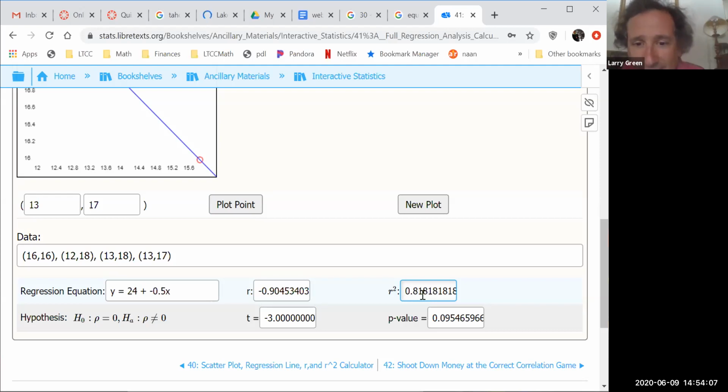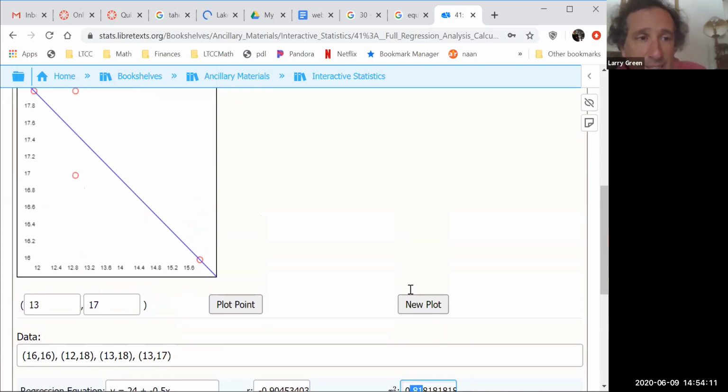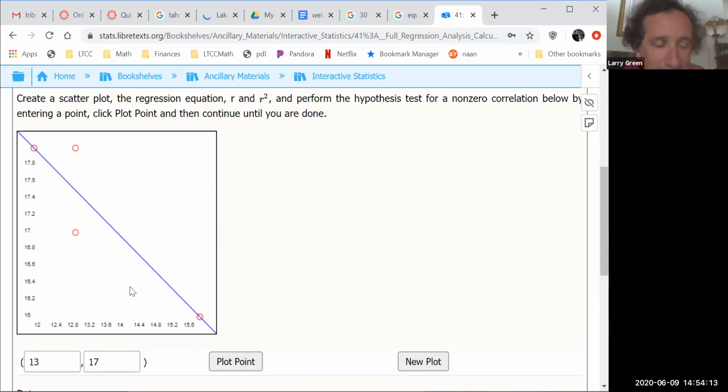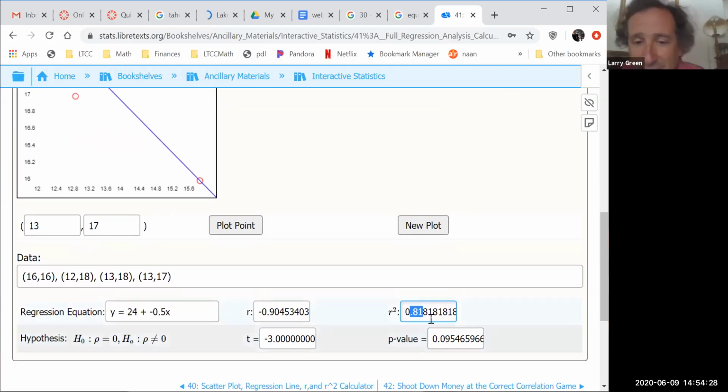So what we can say is that there's pretty much variation in the age at which people took their first college class. But if you're told how old they were when they had their first passionate kiss, then that variation on average declines by about 82%. Does that make sense?